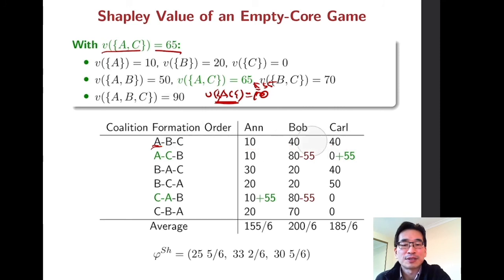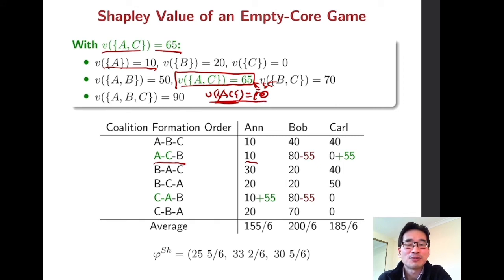Now let's think about another order, A, C, B. So now A takes 10, and now C joins. Previously, the value of AC was 10, so the marginal contribution of C was 0, but now the marginal contribution of C is 55. So after A, Carl adds a marginal contribution of 55, the difference between 65 and 10.